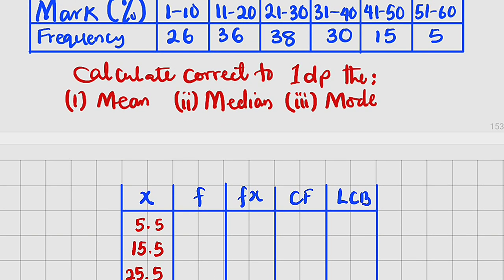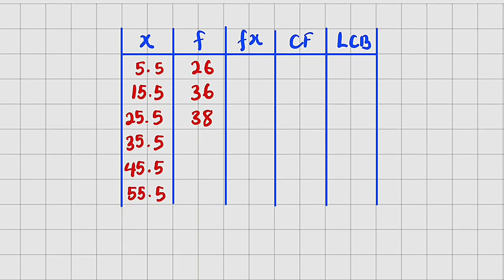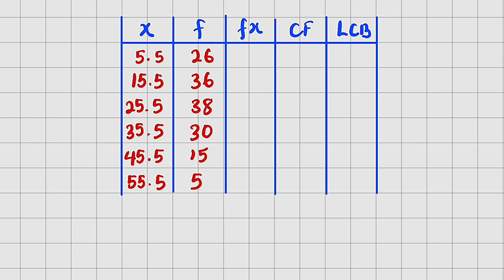Then we need the frequency, which is already given. We have 26, 36, 38, 30, 15, and 5. Then we need to take the product of X and F. Let's start with the first one, that is 5.5 multiplied by 26.